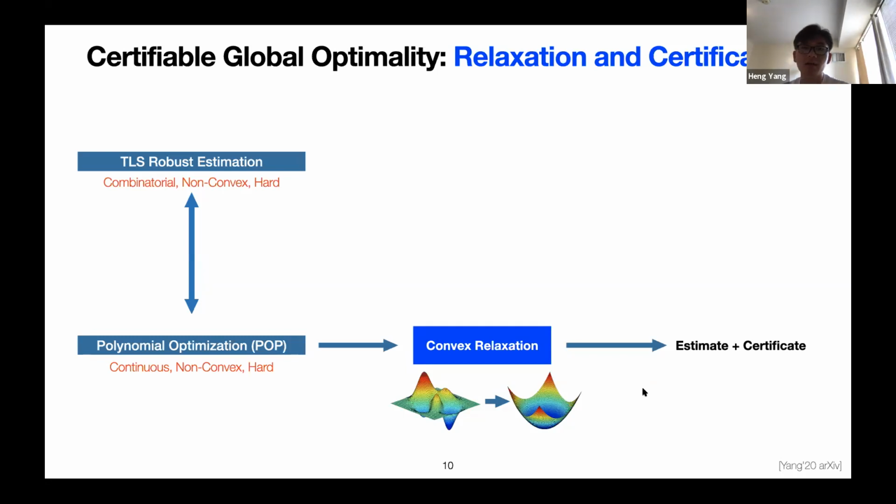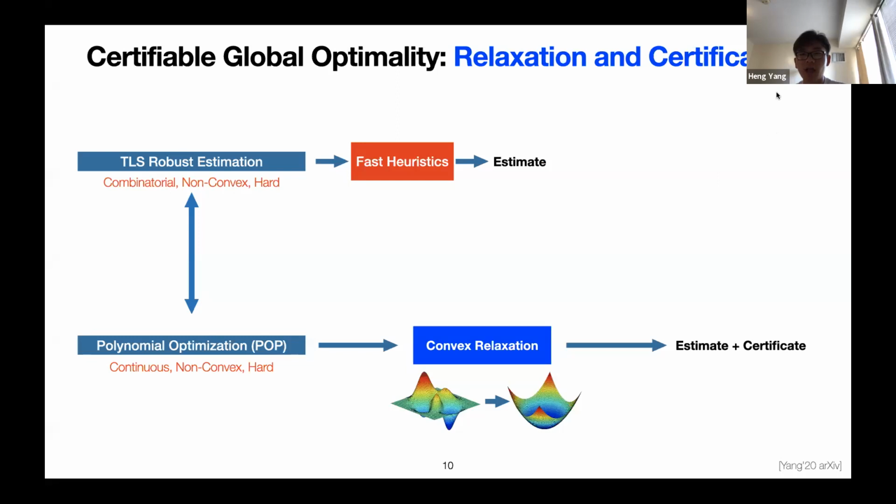On the other hand, we can also leverage existing solvers such as RANSAC or GNC, and this goes to the second method of designing certifiable algorithms, which is to directly solve the TLS robust estimation using fast heuristics such as RANSAC, ADAPT, and GNC, which will give us an estimate.